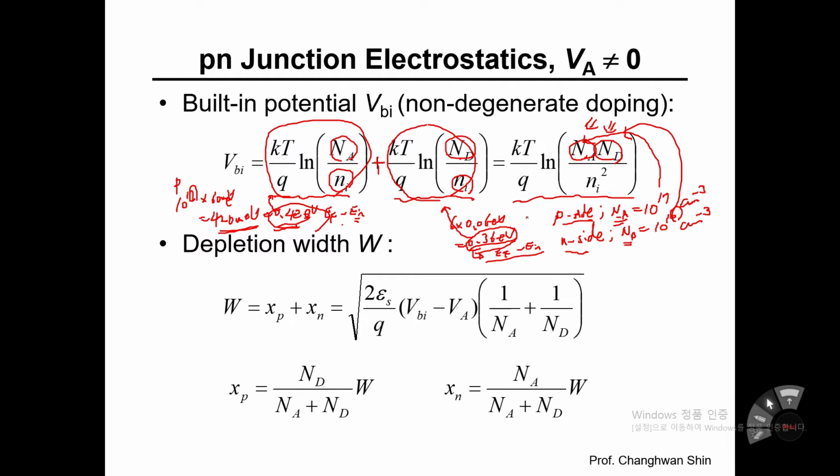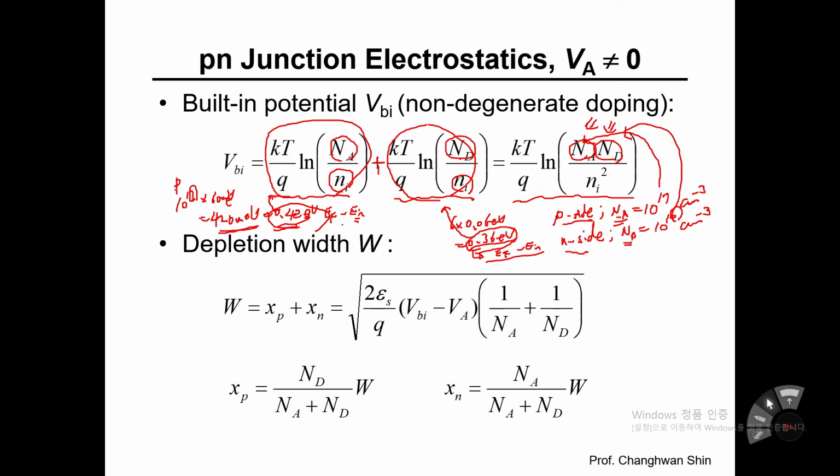That constant voltage drop physically originates from this built-in potential. So whenever you look at the constant voltage drop model for the PN junction diode, please remember the built-in potential is identical and equal to the constant voltage drop used in that model. Depending on the doping concentration on either side of the PN junction diode, you design your own built-in potential value.